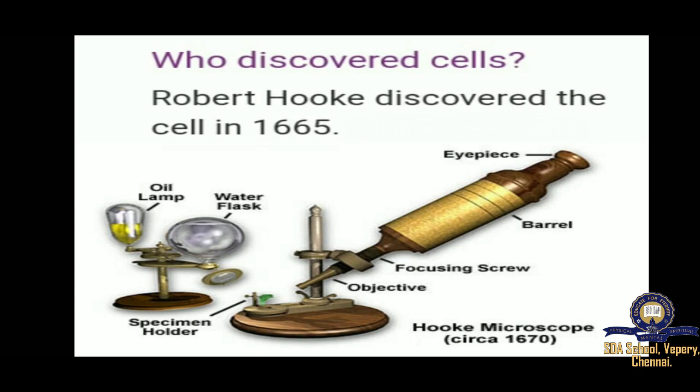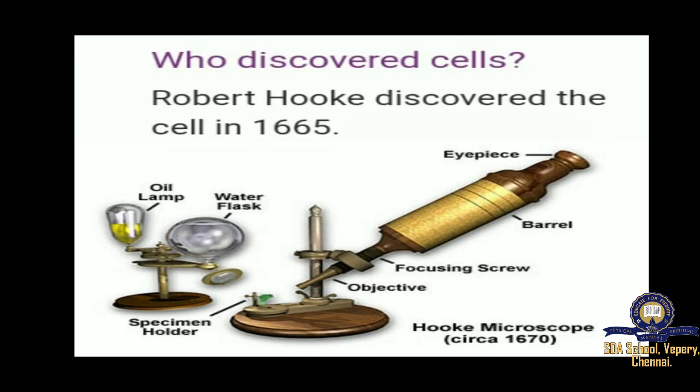Who discovered cells? Robert Hooke discovered the cell in 1665. Robert Hooke observed a piece of bottle cork under a compound microscope and noticed minuscule structures that reminded him of small rooms. Minuscule means extremely small.